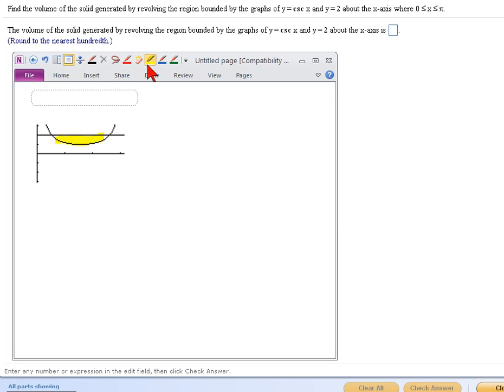All right, so let's imagine what's going to happen. This whole thing is going to be revolved around the x-axis, and this U shape of the cosecant you can imagine coming through like this.